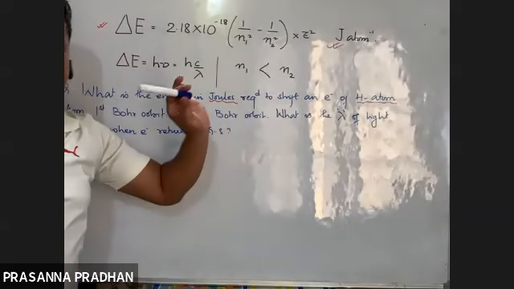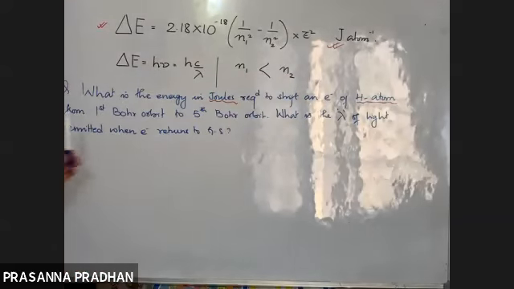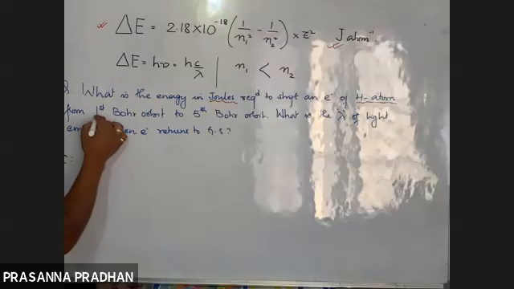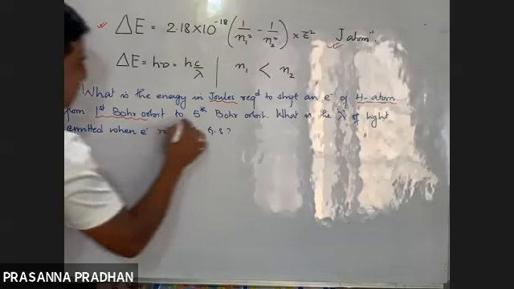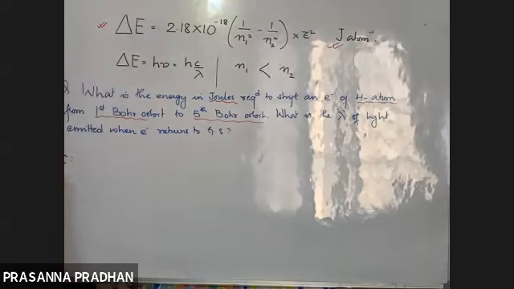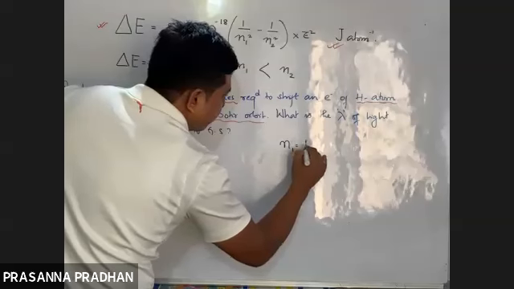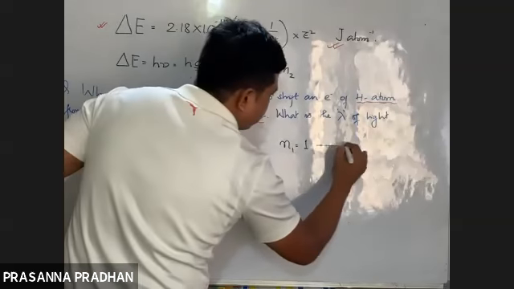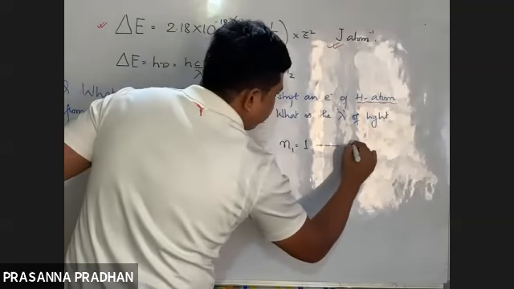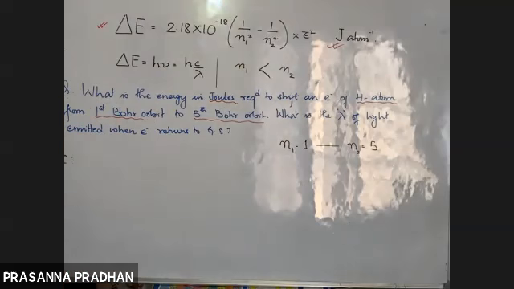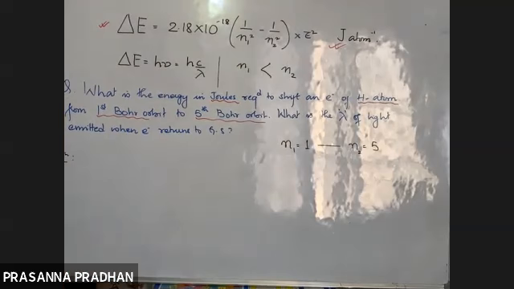We will put Z as 1. From the first Bohr orbit to the fifth Bohr orbit. That means an electron is making a transition from the first Bohr orbit to the fifth Bohr orbit. So what is the energy in joules required? Now do it. It is becoming really simple now.